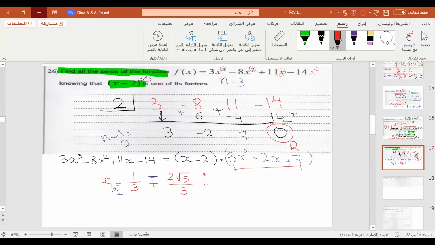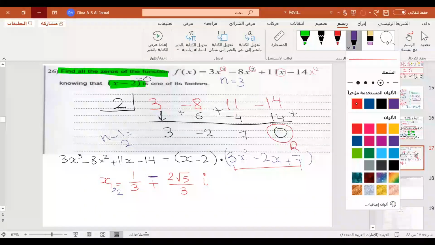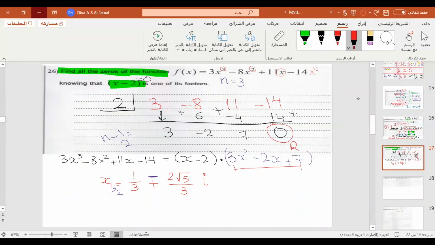So you are having complex factors or complex roots. And whenever you are needing to put such a thing, it's better to keep it as it is. Or if you would like, you can just show x minus x1, x minus x2, and substitute. And after substitution, you will be having x minus the first one, which is 1 over 3, plus 2 square root of 5 over 3i.